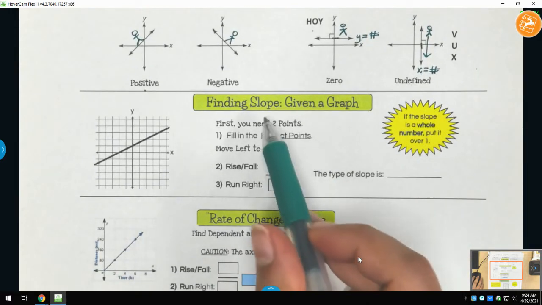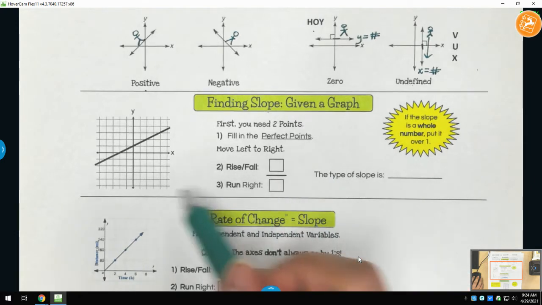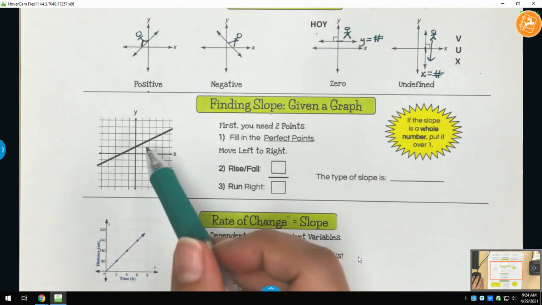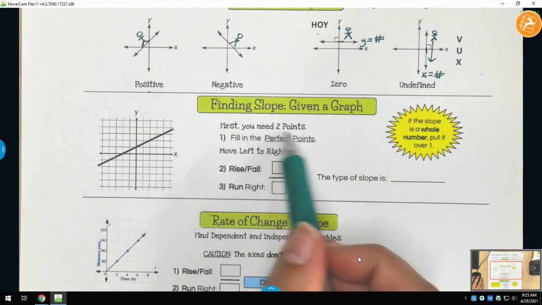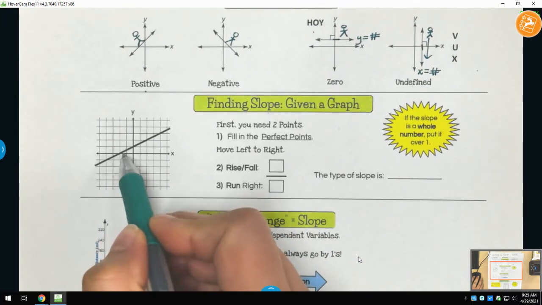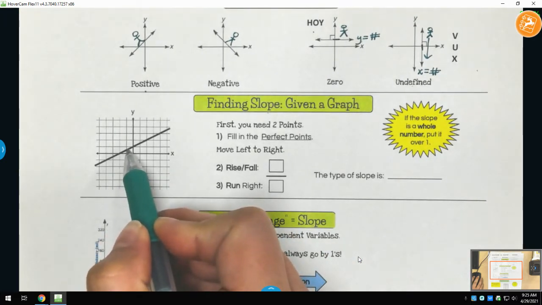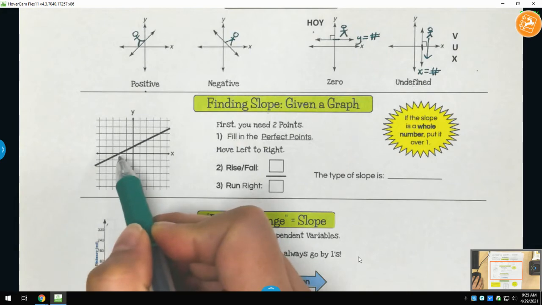So some of the ways that we found slope. So we had slope given a graph, and so when you're looking at a graph, we could think of them as two perfect points, right? We really just need 2 points. The only wrong way to do this is going to be to pick a point like this, right? So just notice that something like this or like this, it doesn't hit the corners of our grid cleanly.